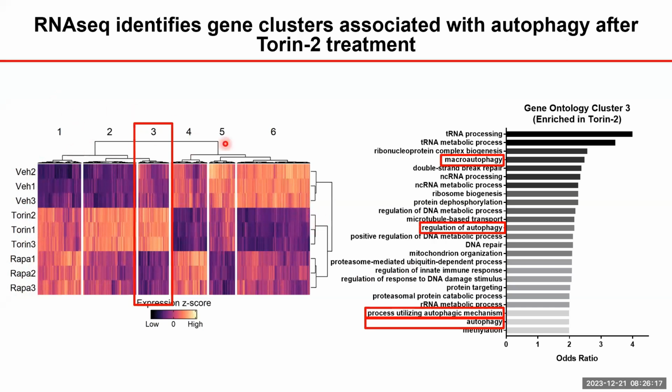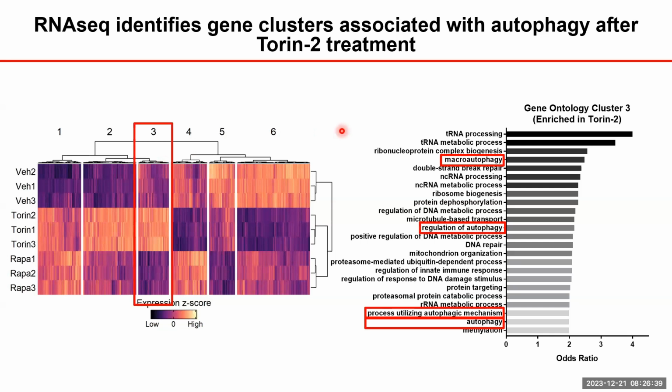And then we did clustering on the other axis to look at what gene sets are unique to the TORIN-treated condition. We just kept clustering until we saw a unique signature pop up in the data set.